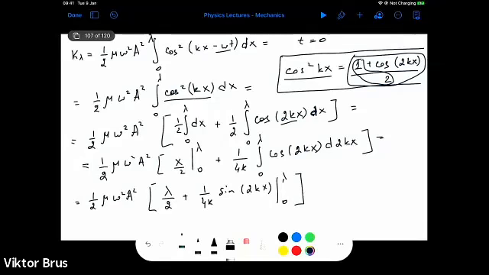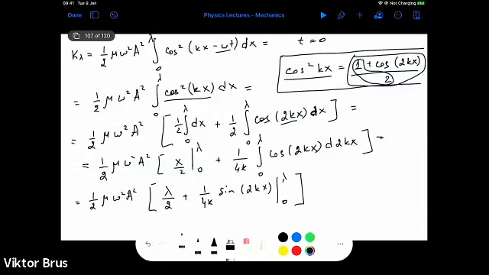Okay, let us think what it will be. So obviously sine 0 will be 0. So we don't care about this part.